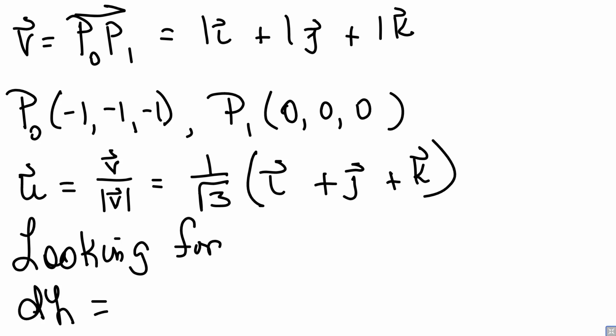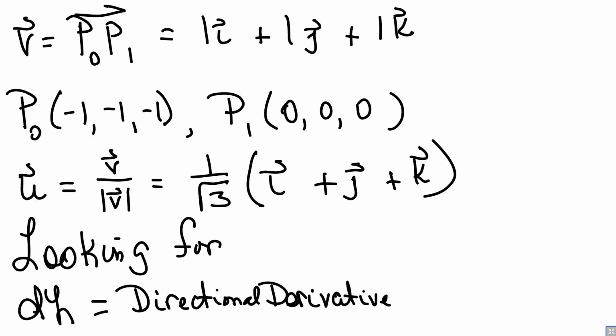To find this change in h, we take the directional derivative and multiply it by the change in distance, ds, where s deals with how it's moving toward that point.